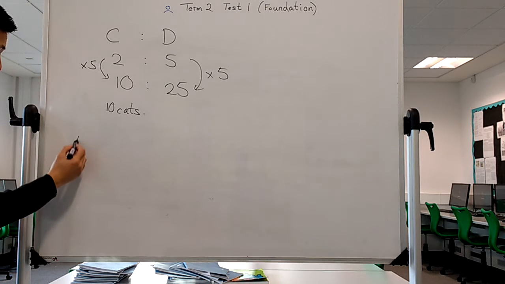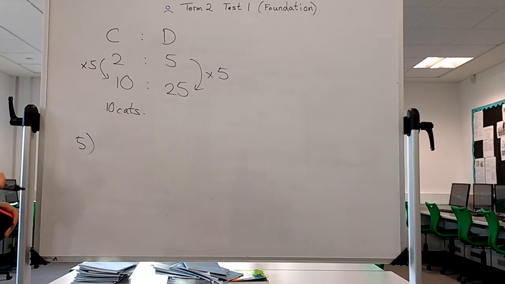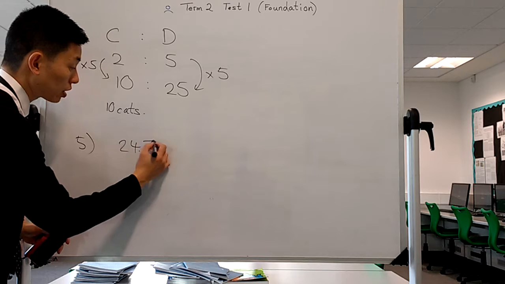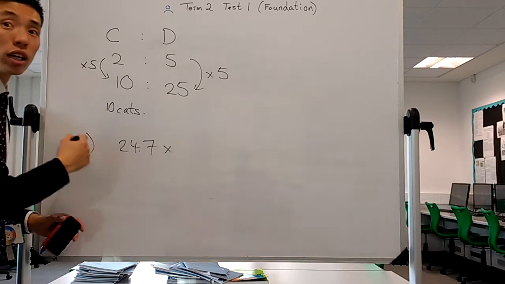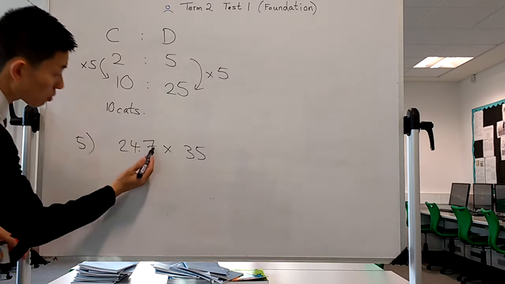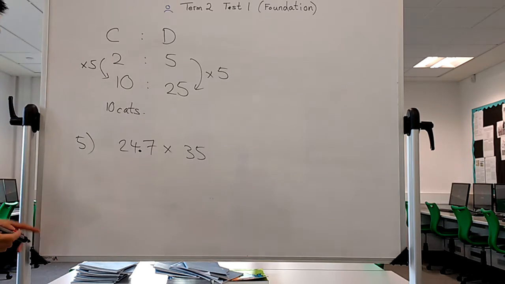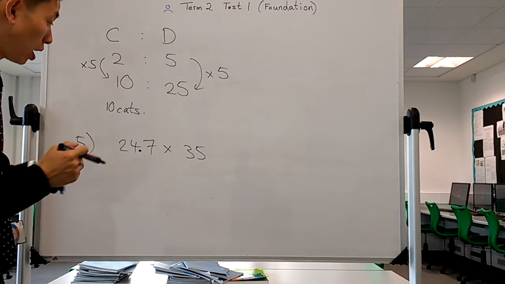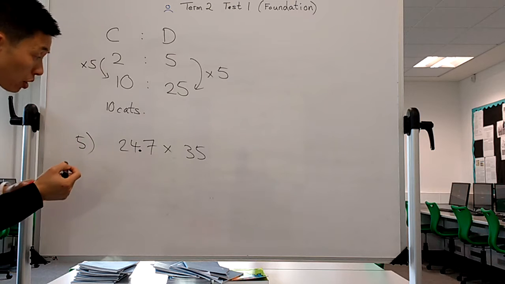Number 5 is a multiplication. So there are still lots of people doing it differently, using 3 different methods. So today I'm going to show you the Chinese method again, where the majority of the students are going towards this trend of using a Chinese method.